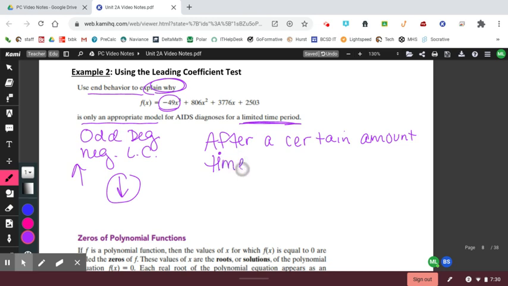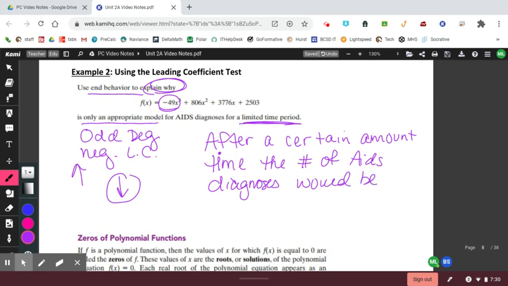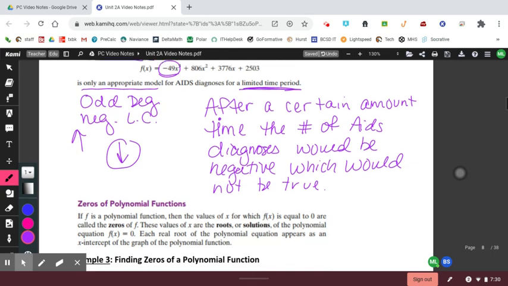That should say time, the number of AIDS diagnoses. Which can't be the case, right? It could go to 0, which would be fantastic, but it can't go negative. Okay, so we would look at it only for a specific amount of time.